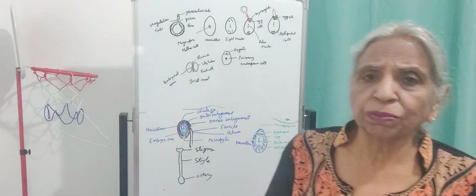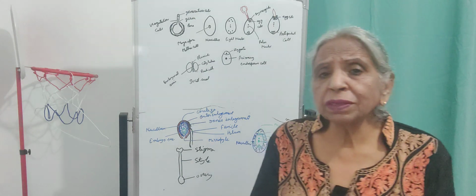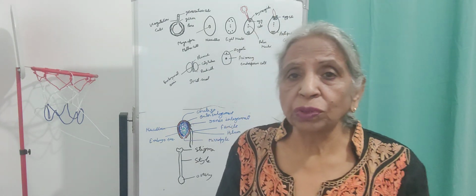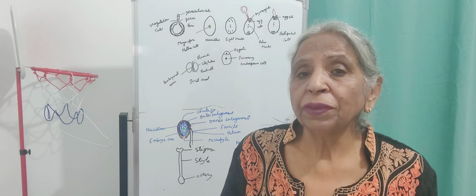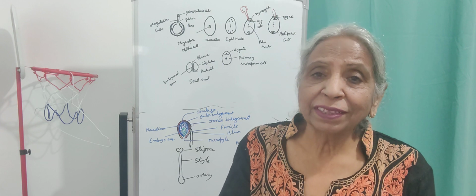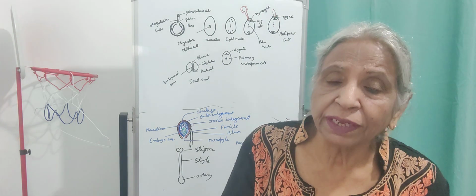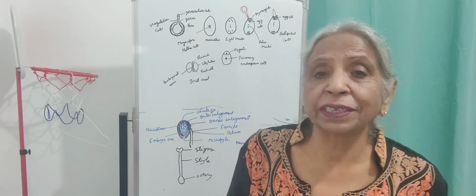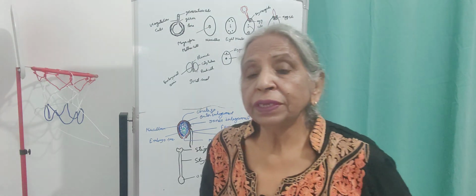Endocarp is mostly stony in most of the fruits. Just as in case of mango, the outer peel we peel out, that is the epicarp. The fleshy yellow portion we eat, that is the mesocarp. And the inner hard layer covering the seed, that is called the endocarp.